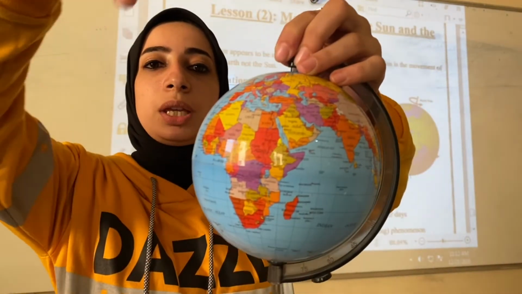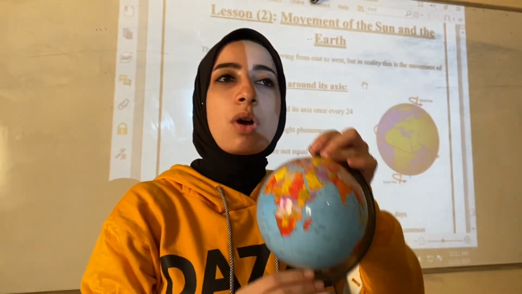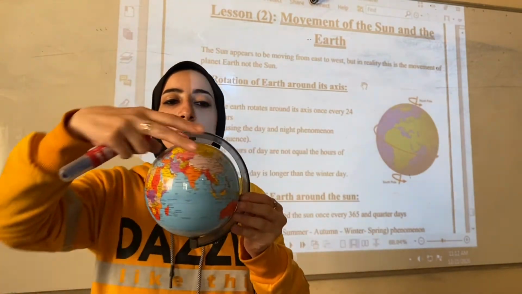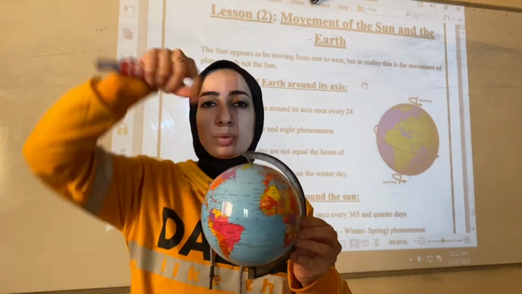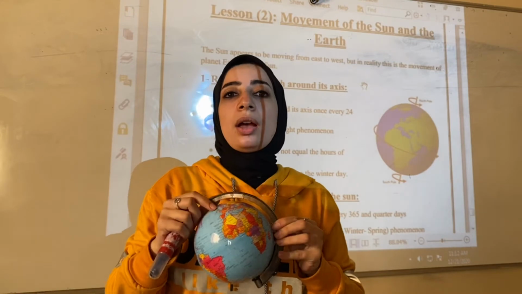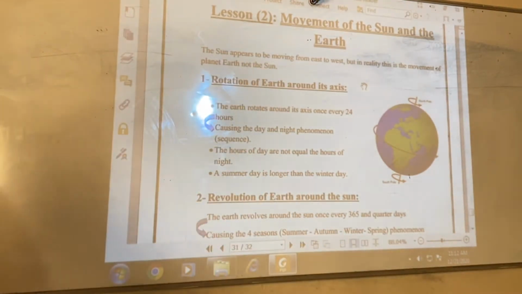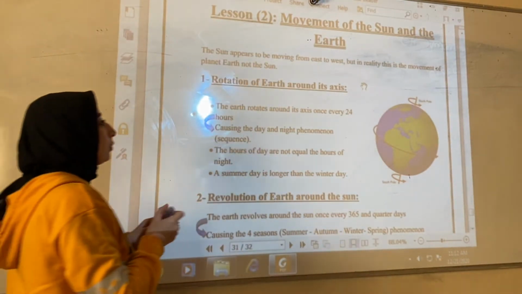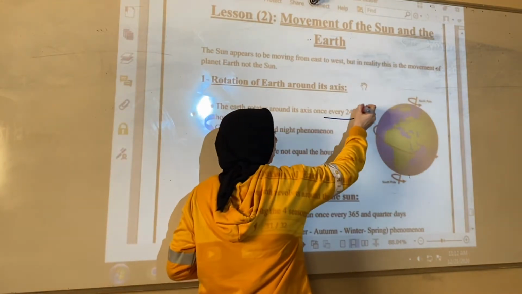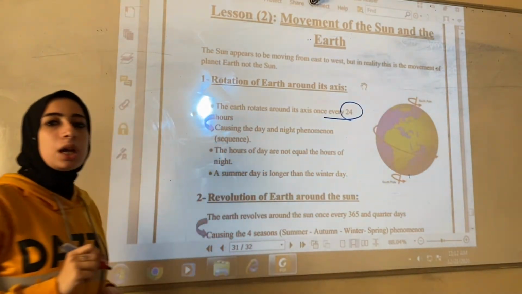This is one complete rotation. How long does the Earth take to make one complete rotation? One turn, okay? The Earth takes 24 hours to make one complete rotation.